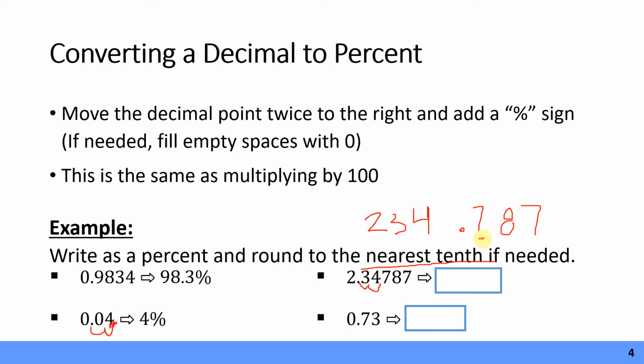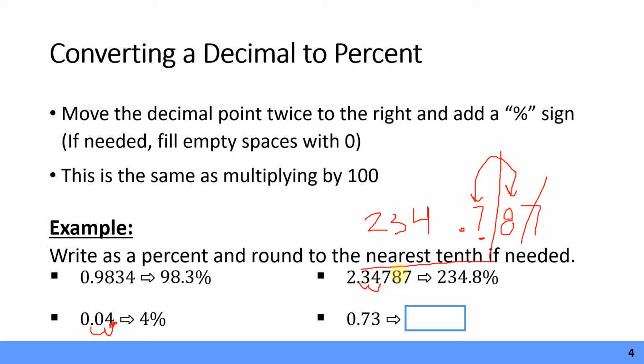So this is my tenths place value. Chop it off there. Look at this number. Who cares about the 7? Look at that number. Since that number is greater than 5, it's going to make that 7 go up 1. So my final answer is 234.8%. Okay, so be careful with the rounding there.